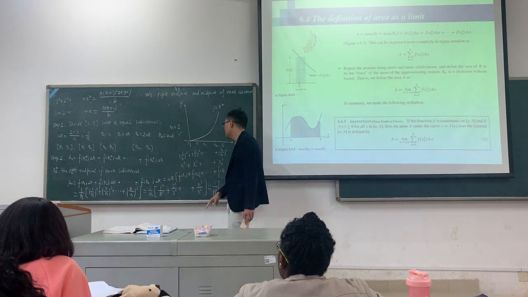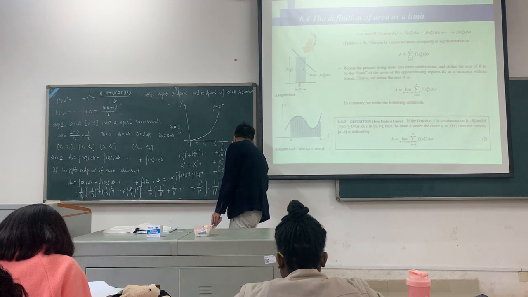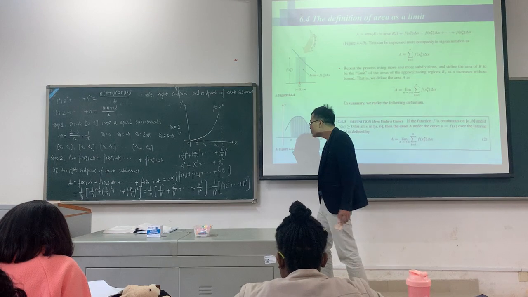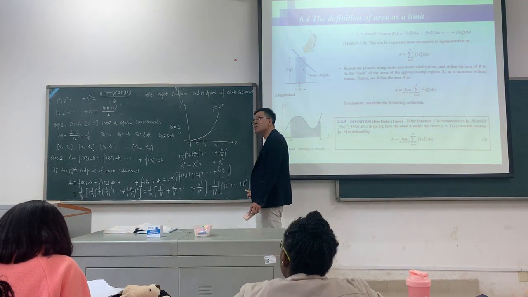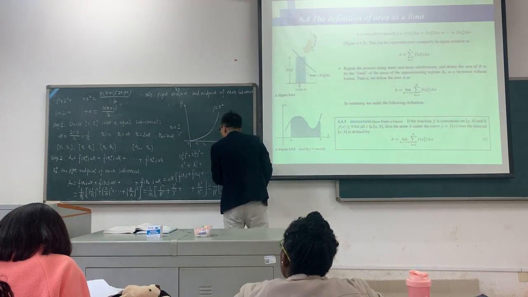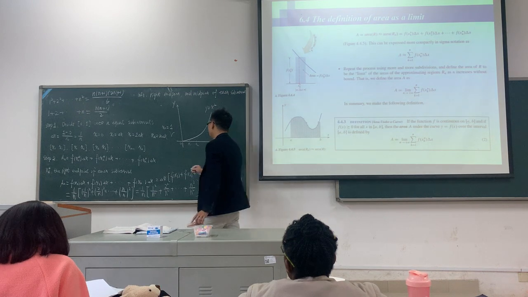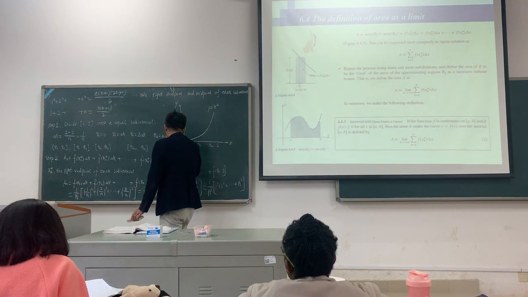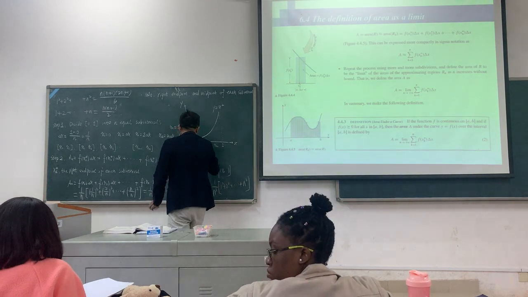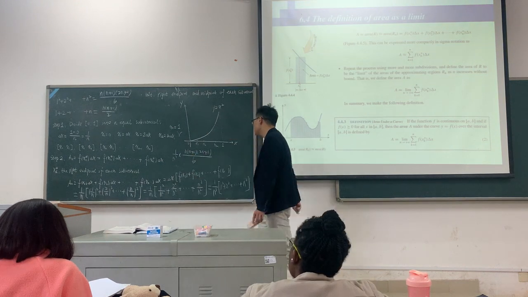Here is 1 squared plus 2 squared plus up to n squared, which we replace by n(n+1)(2n+1)/6.